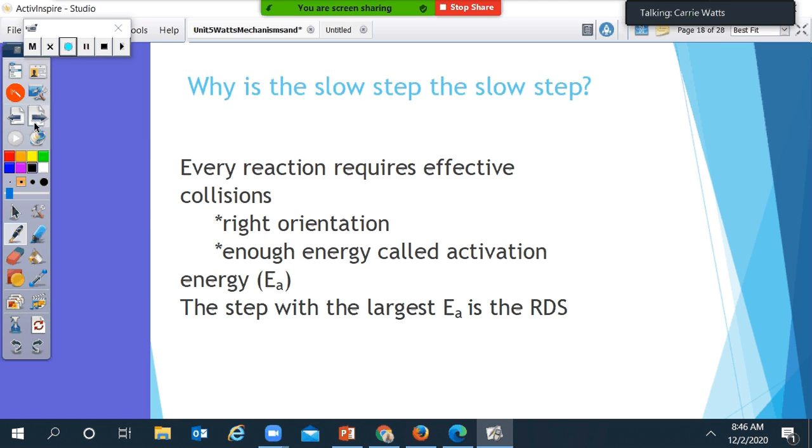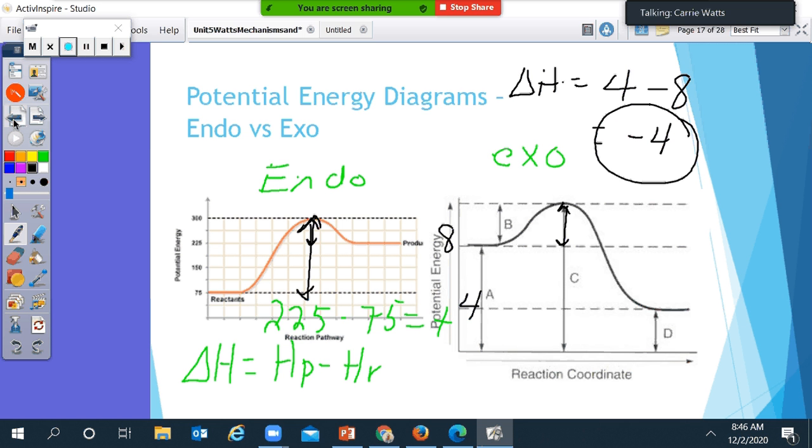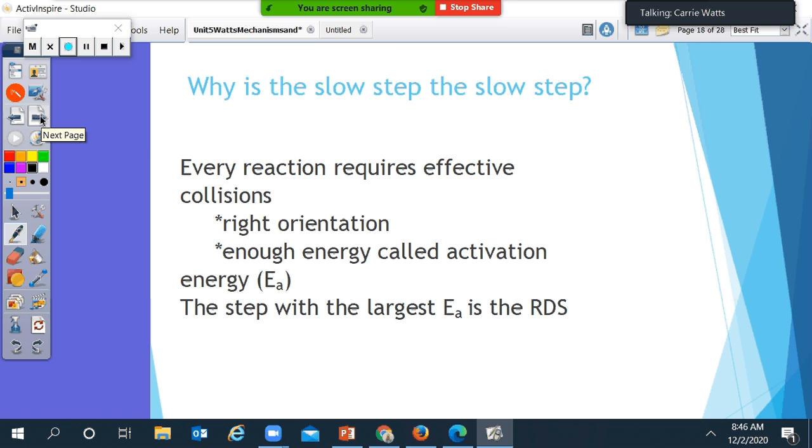Okay. Now let's talk about this related to reaction mechanism. Think about all those different elementary steps. This is just showing you one step with one activation energy. But what about these rate mechanisms, the ones with the elementary steps? Why is the slow step the slow step?